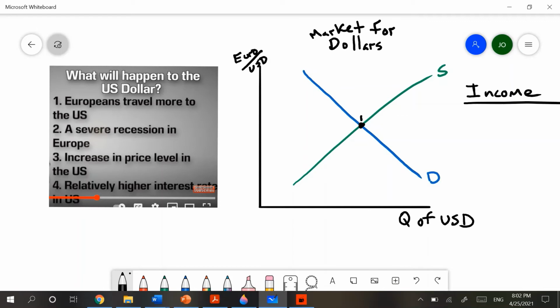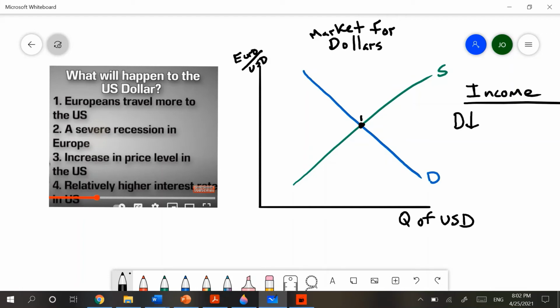So if there's something bad going on in Europe, we're gonna feel it here too. So in this case, since Europeans cannot come here because the income levels are decreasing in Europe, right? They're not gonna be able to buy our exports. We say that demand for the dollar is going to decrease.